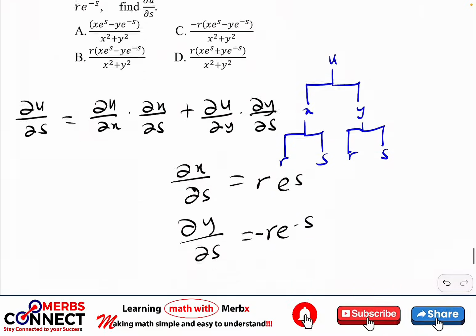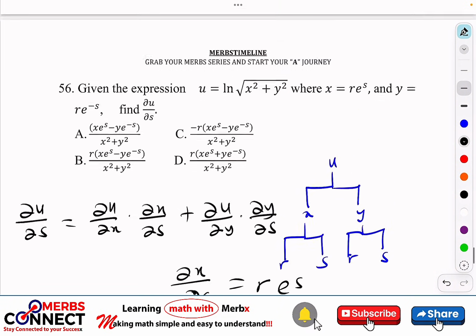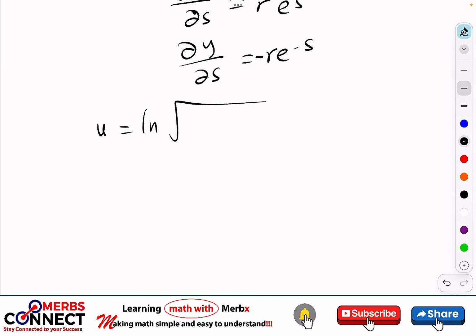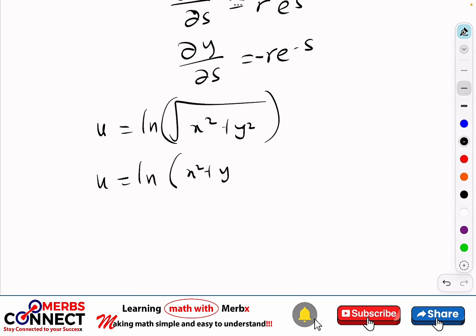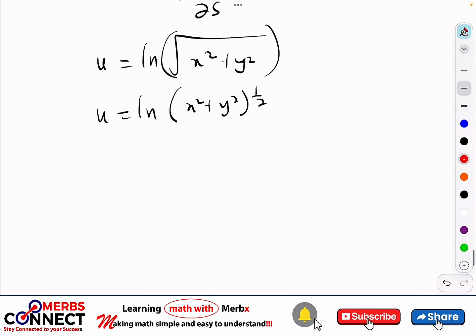What is u? Okay. u is equal to the natural log of the square root of x squared plus y squared. And this is the same as the natural log of x squared plus y squared, all to the power 1 over 2. Now, what can we do here? Very simple. We know how to differentiate the log function.